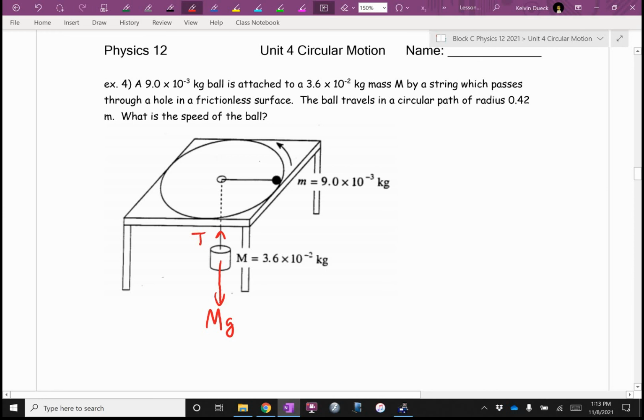I think those are the only two forces acting on big M. What are the forces acting on little m? Get the obvious one. Well, we have little mg. We have normal force. What path is little m tracing out? A circle. Where must there be an unbalanced force pointing? Toward the center.